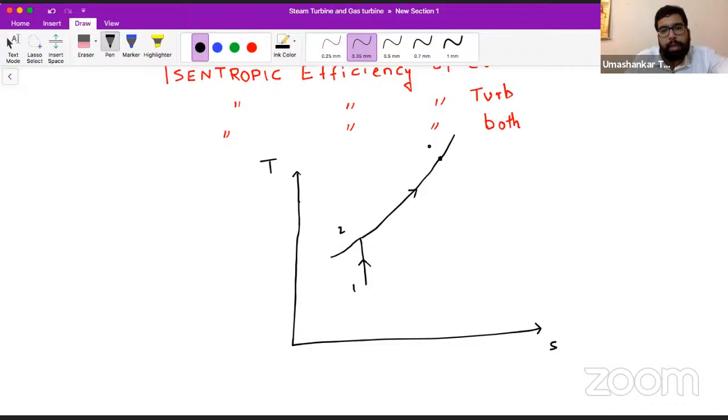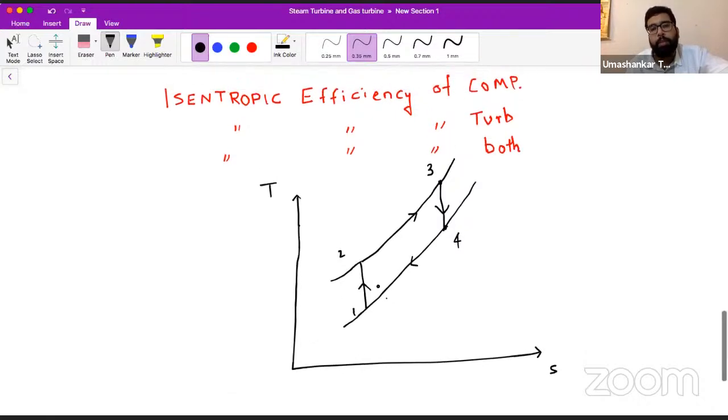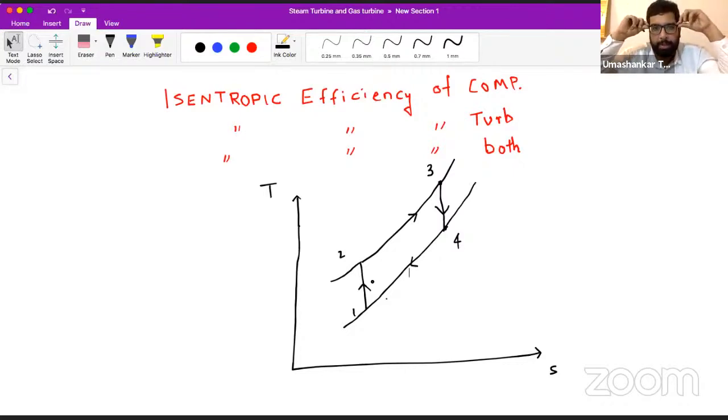Now try to understand this. This is going to be used multiple times, and even in previous GATE syllabus this kind of questions were asked. So whenever isentropic efficiency comes into play, remember two statements of mine. You will never make a mistake in isentropic efficiency.